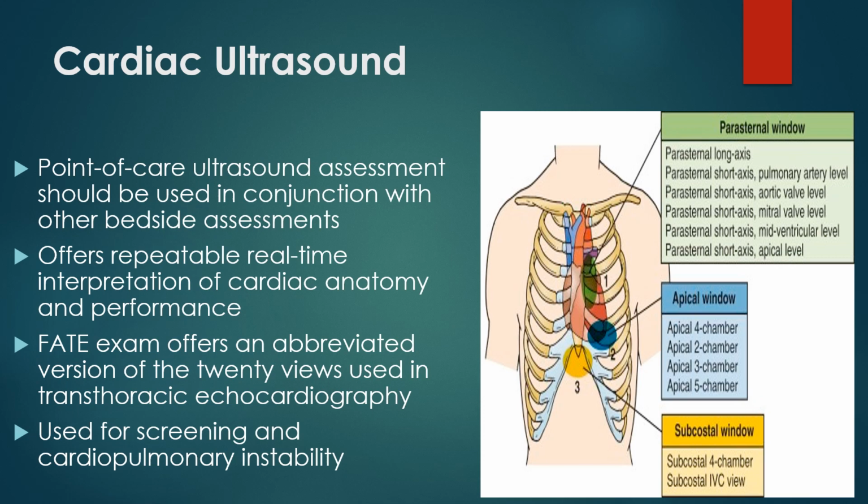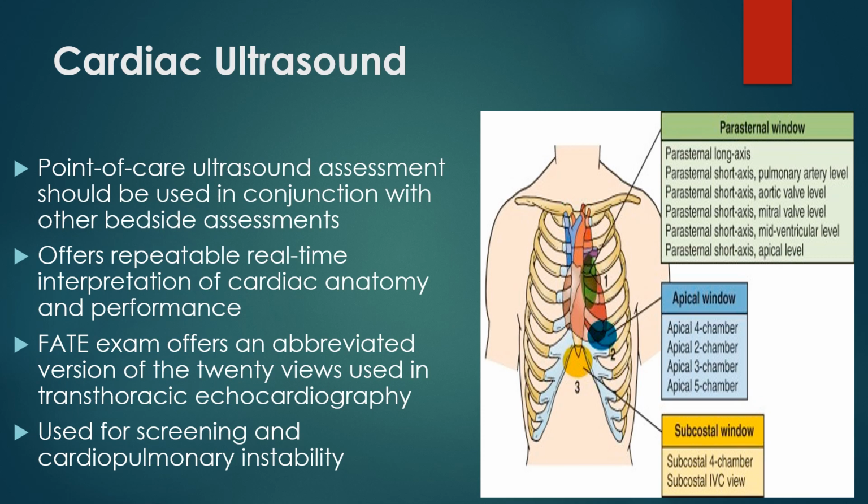But of these 20 views, the FATE offers an abbreviated version, typically incorporating 6 different positions and 4 different cardiac views. And these are used for screening in cardiopulmonary instability. And then, of course, you can take it as far as you want. I mean, once you start scanning and you get your hand on how to find the aortic valve in short axis, if you can find the aortic valve in subcostal view, whatever you end up using it for is just an extension of what you want it to do.